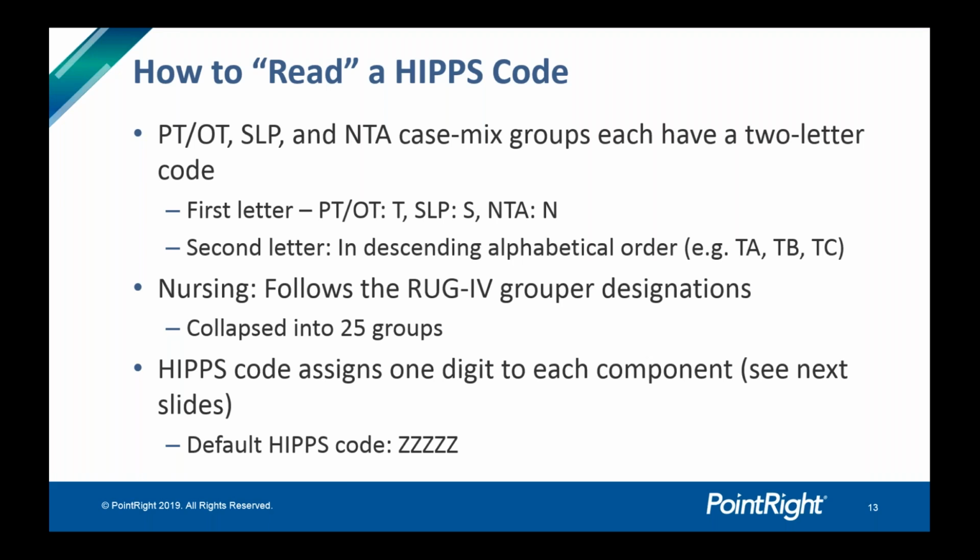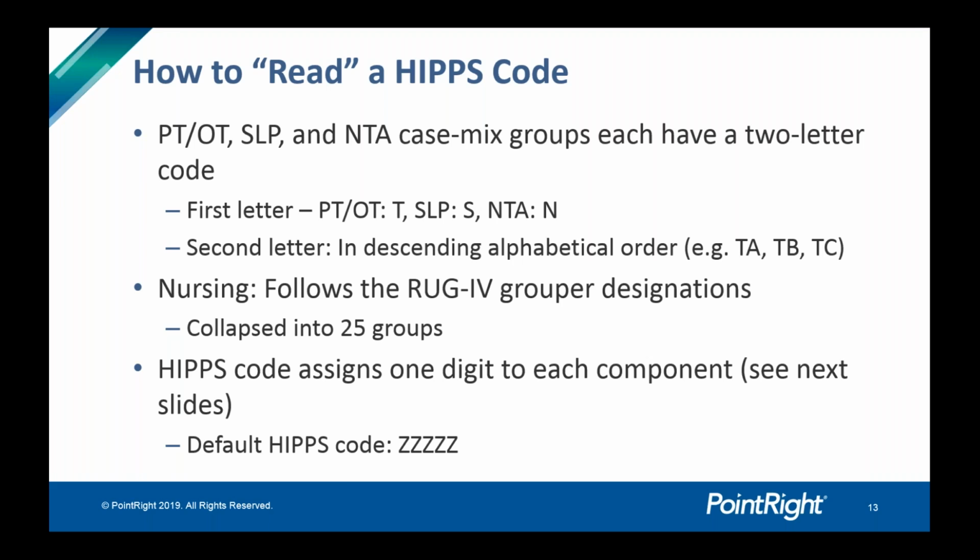Now the nursing component follows the RUG-4 grouper designations. So, you know, ES2, HBC1. If you look at those RUG-4 grouper designations, you'll see that same type of coding. So it doesn't follow that neat, clean pattern that the other 3 components do.